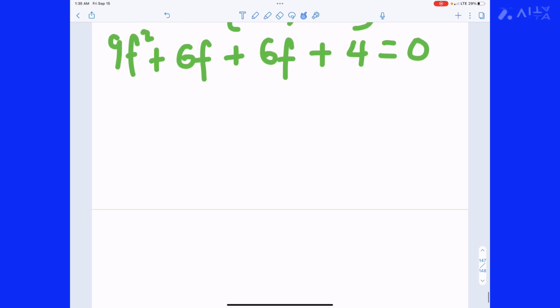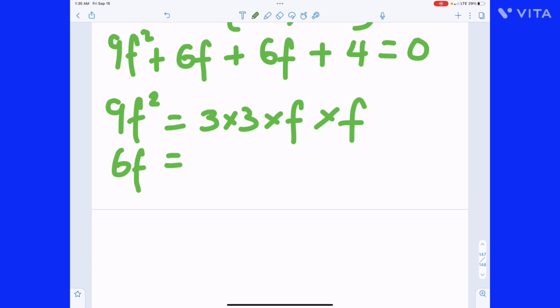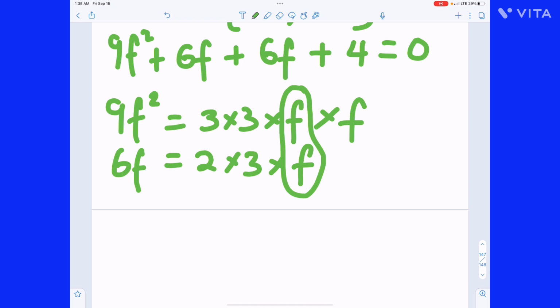You split the factors the way we do it. Let me help you further. 9 is 3 times 3. I'm not supposed to be doing this anymore, but I'm just trying to be nice to you. F squared is f times f. 6 is 2 times 3. And there's an f. So my common factors will be f and 3.